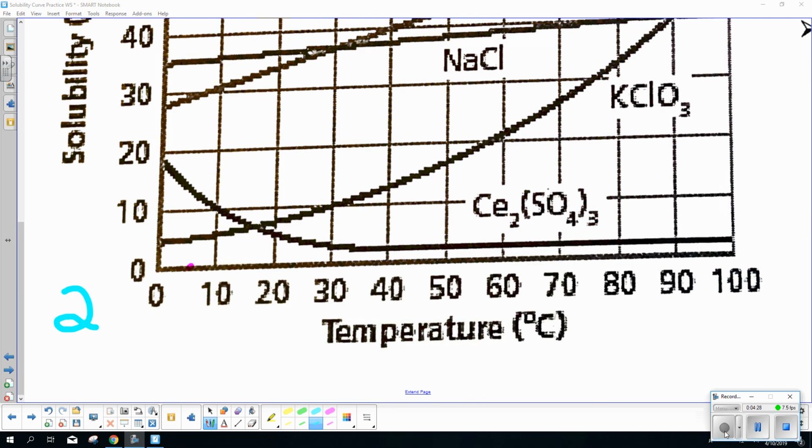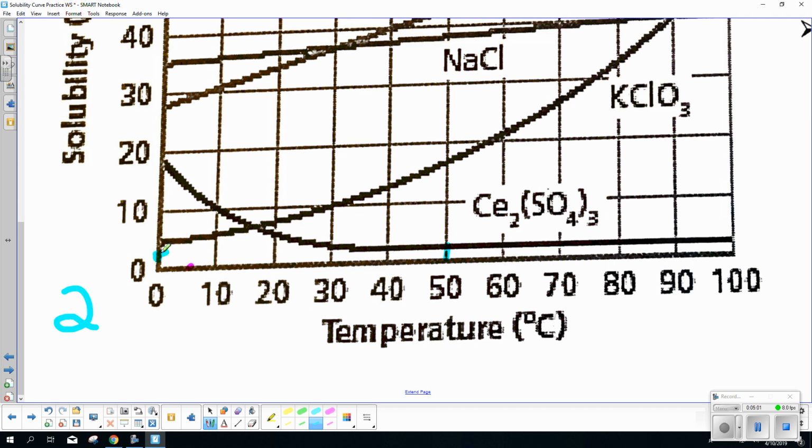Moving on to question number 2B, it asks, what is the solubility of cerium sulfate at 50 degrees Celsius? Again, you locate 50 degrees Celsius on the x-axis and go up to the saturation line. This is the maximum amount that will dissolve in 100 grams of water, and then you go to the left and estimate to the best of your ability the solubility.